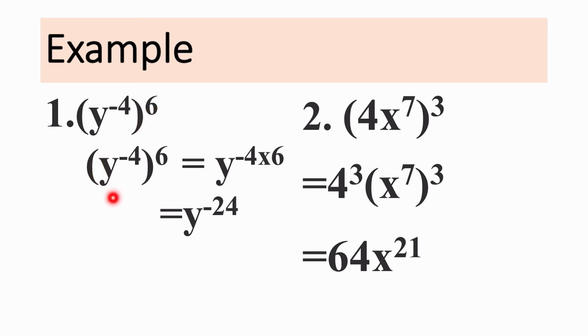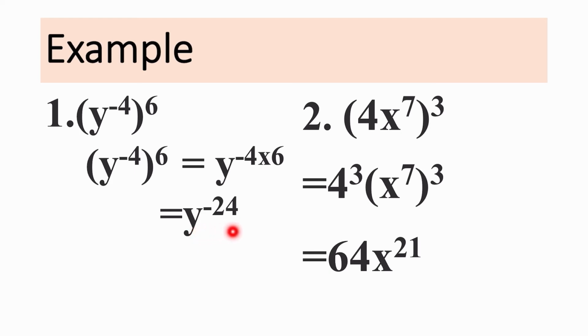The bracket law states that we are to multiply powers when we have a variable risen by 2 powers. Placing back our base y here and multiplying the -4 by the 6, the product of -4 and 6 is -24.